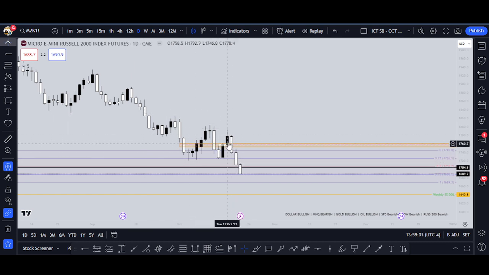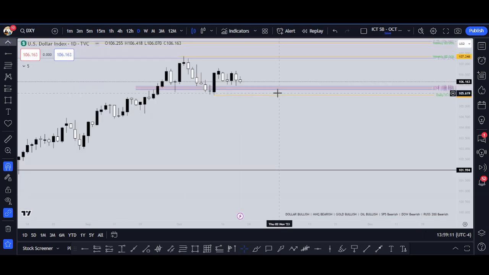So looking for possibly this to pull up before pushing down as well. Okay. So guys, real simple, real quick. Those are my weekly biases: bullish the dollar, bearish NQ, bullish gold, bullish oil, bearish the S&P 500, bearish the Dow, bearish the Russell 2000 as well.